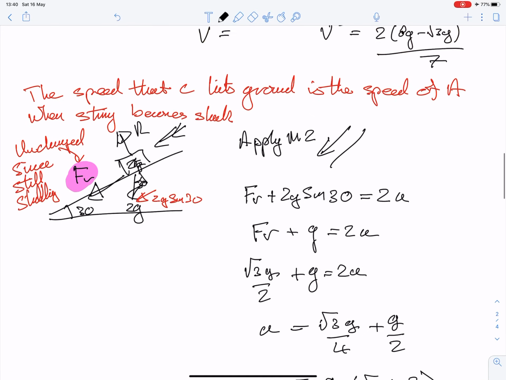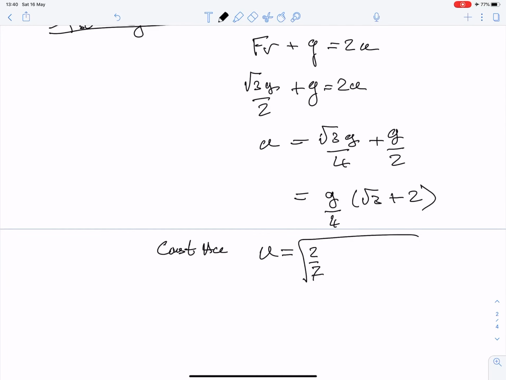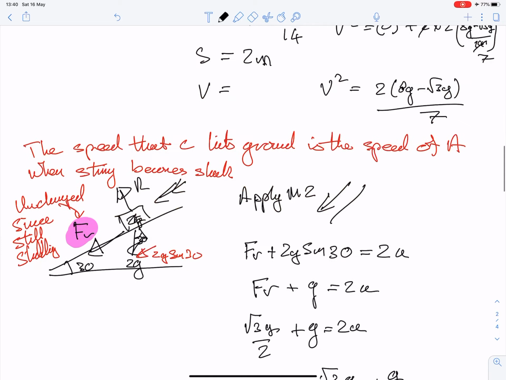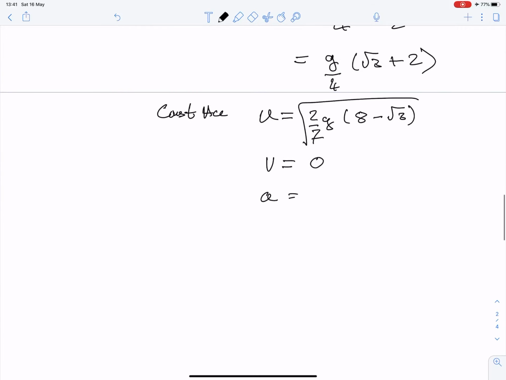So a equals root 3 g over 4 plus g over 2, or g over 4 times (root 3 plus 2). Taking out the g over 4 as a factor leaves root 3 plus 2, for the acceleration.